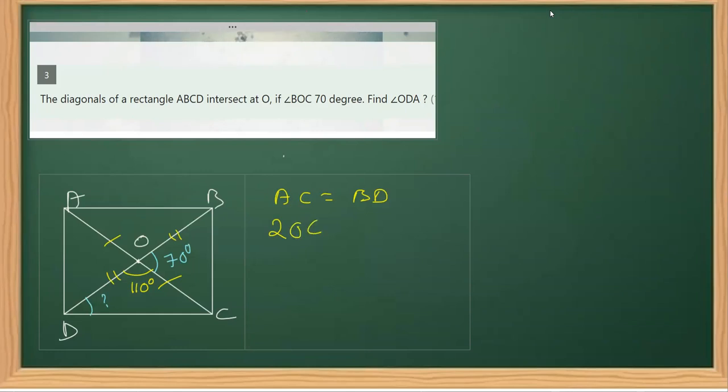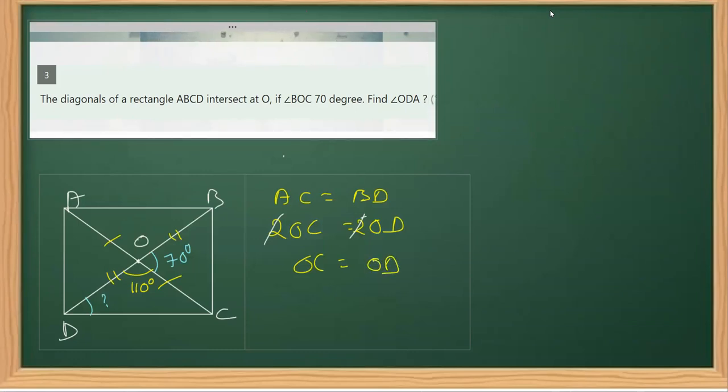I repeat, we have AC and BD as equal, and if they are equal, then their halves will also be equal. And since they bisect each other, I can replace AC with twice OC and BD with twice OD.